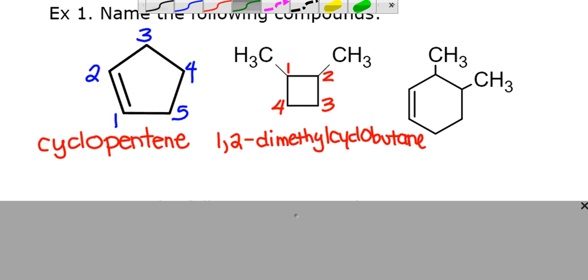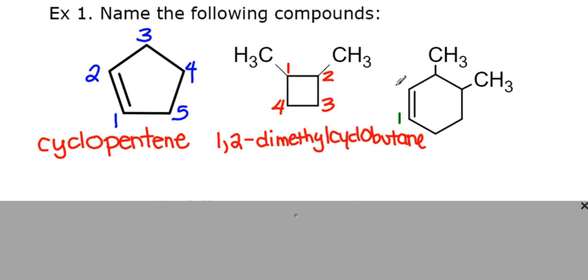Let's try one more. Again, if you haven't tried one yet, you might want to try this one first before taking a look at the answer. So if we're numbering this one, in the last example, there's a double bond and 2 branches. Double bond needs the lowest numbers first.